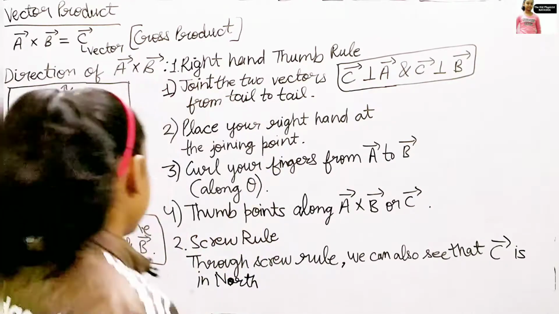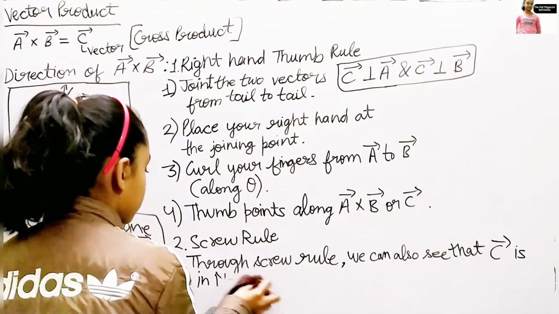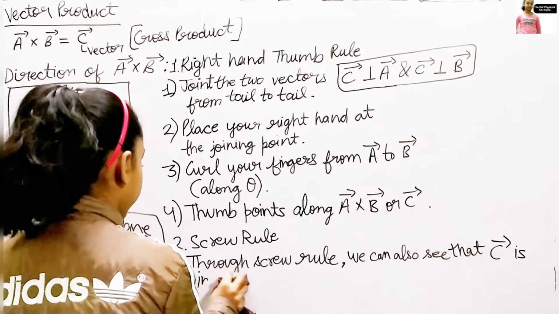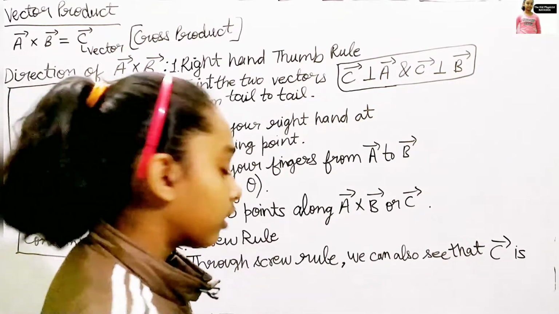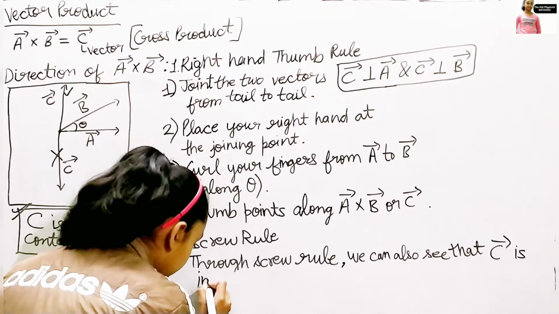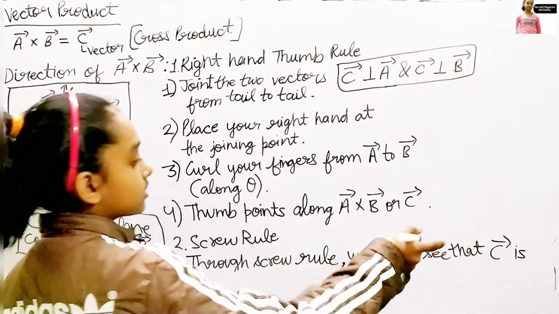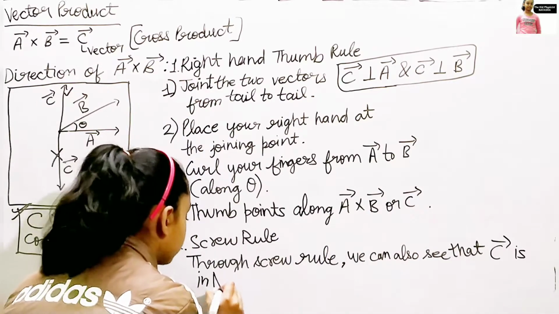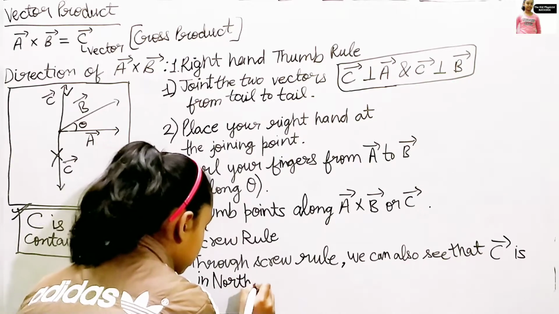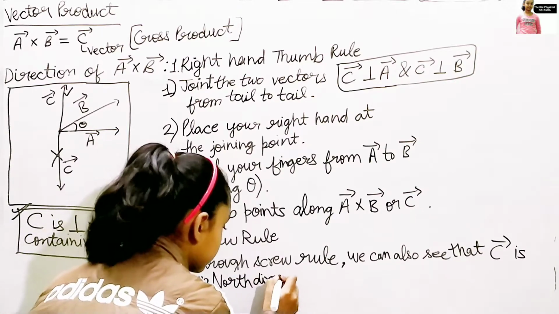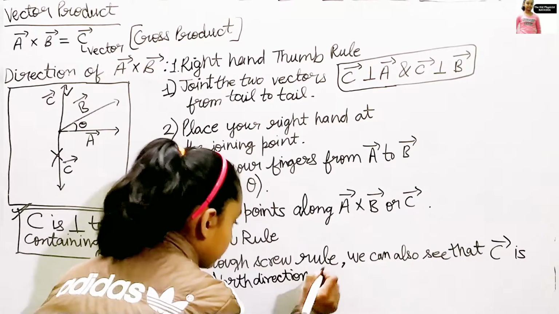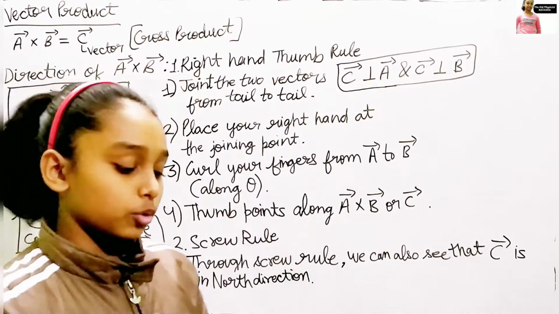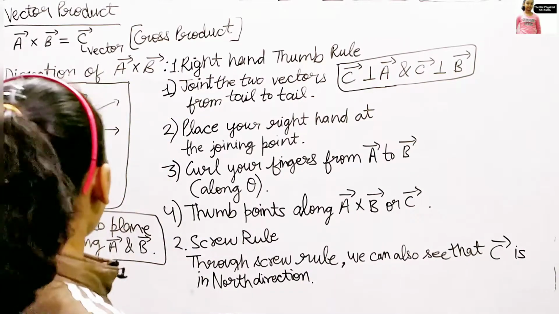Vector C is in north direction. And through the right hand thumb rule also, it is in north direction, means it is going upwards.